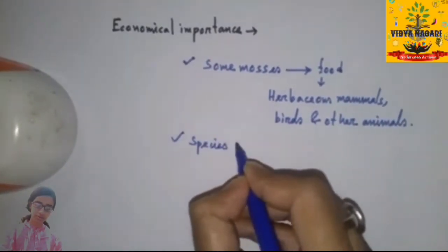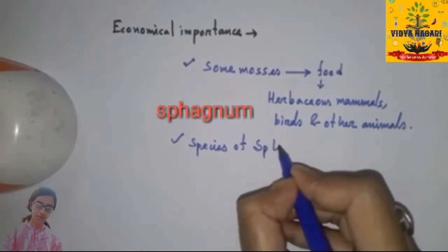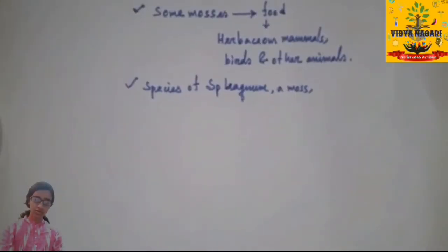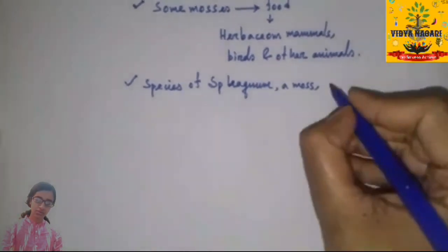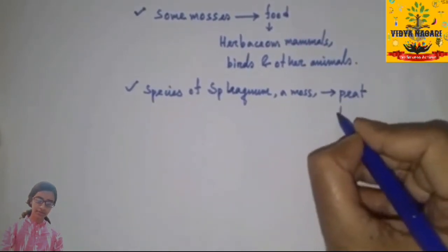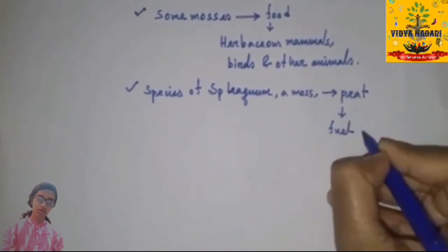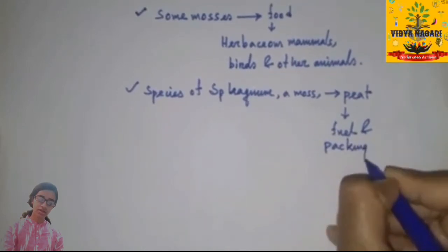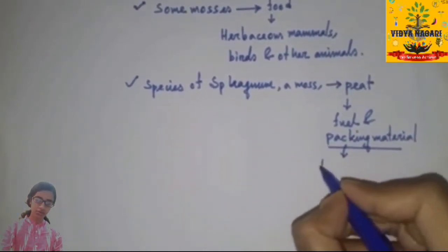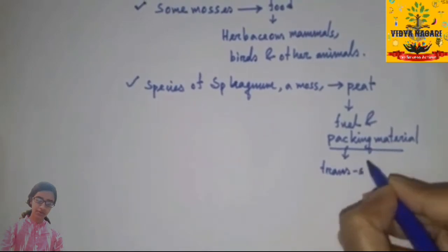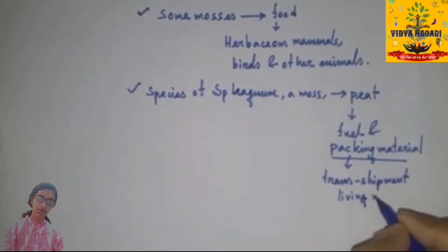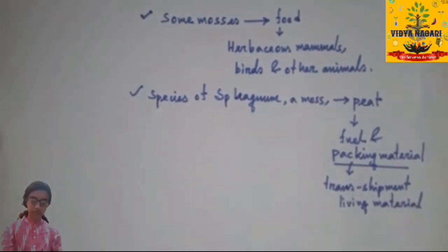Species of sphagnum, which is also a moss, provide peat that has been used as fuel and packing material for transshipment of living material, because they have the capacity to hold water.